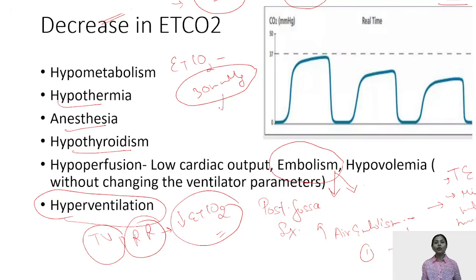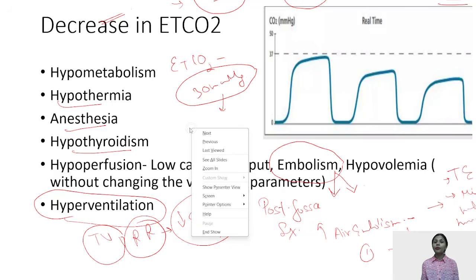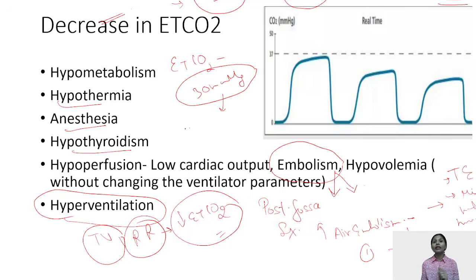But you don't have to decrease it till 10 or 15 millimeters of mercury, because at that level the vasoconstriction will be so high that it is going to compromise your cerebral perfusion and actually leading to ischemia of those areas.